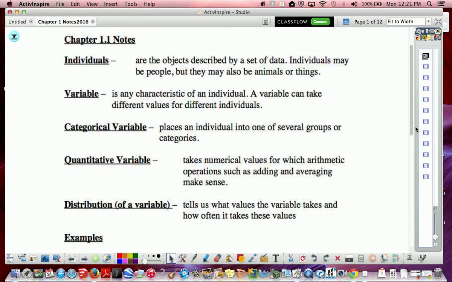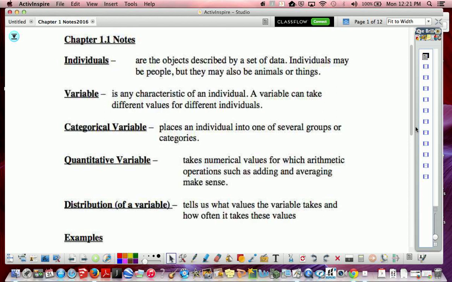But when we talk about statistics, the first thing that we're going to take a look at is individuals. As it says up there, they're just simply objects that are described by a set of data. Our school district collects all sorts of data on you. I can go in Infinite Campus and take a look at your age, your gender, your GPA, your ACT score, your MCA scores.